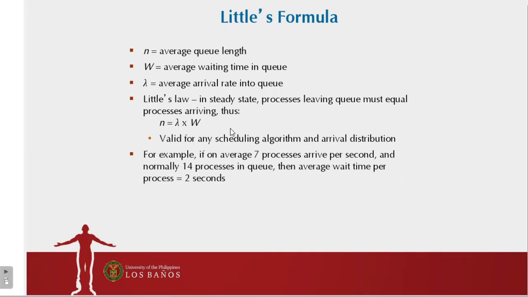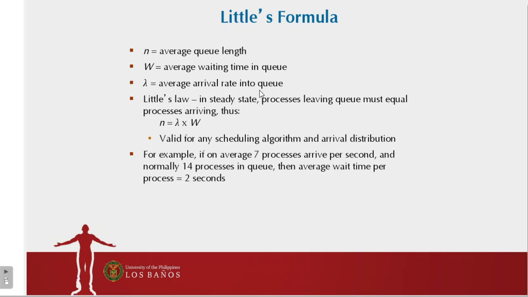For example, we can have Little's formula, where we are given the average queue length and the average waiting time, then we can compute lambda here, which is the average arrival rate into the queue.